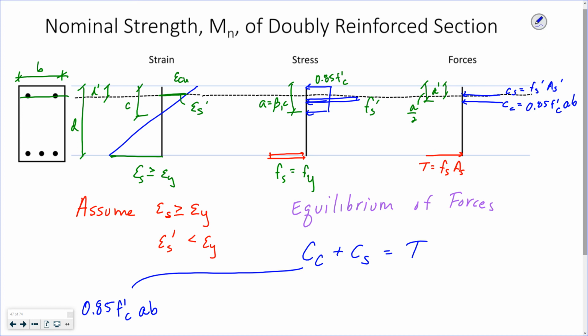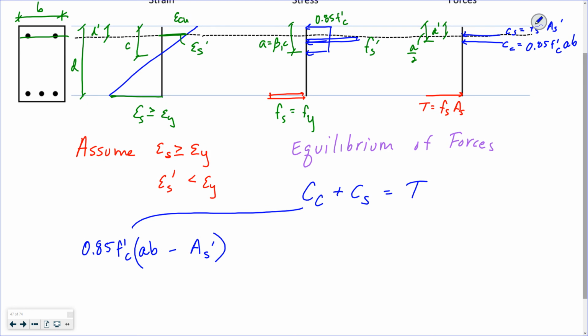However, I have to subtract out the area of my compression steel, because my area of concrete in compression is not just a b, it's a b minus the area of compression steel. Subtract out A_s prime. If I want to look at that visually, right?